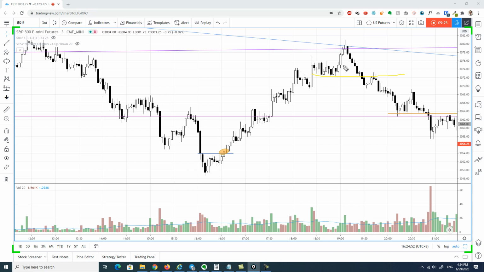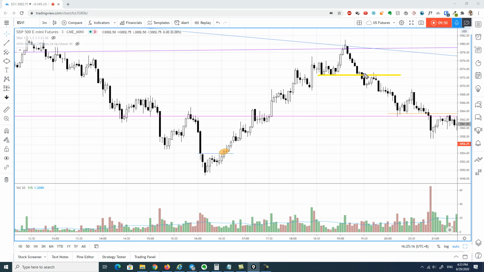So what I'm looking for is actually a breakdown. I would like to see a breakdown of this localized area. So this is the support, and this bar here I think should be the breakdown. And it was followed by a retest. So there's the retest.